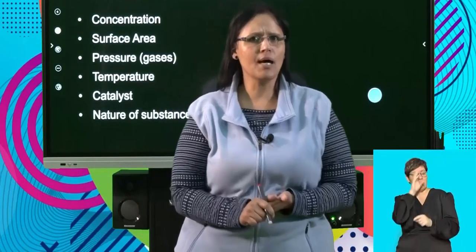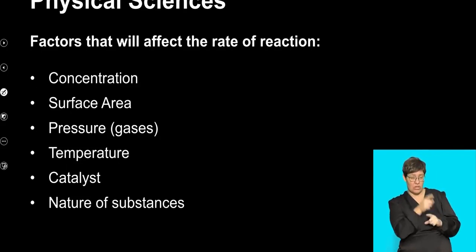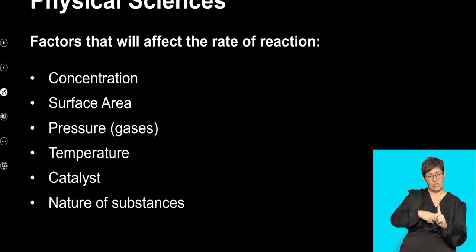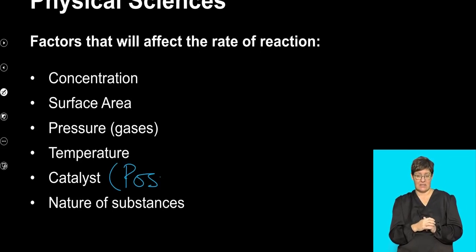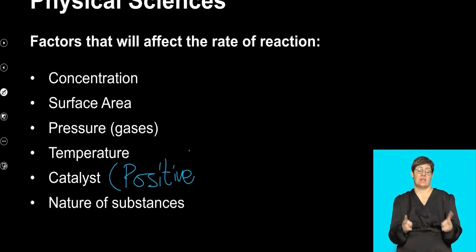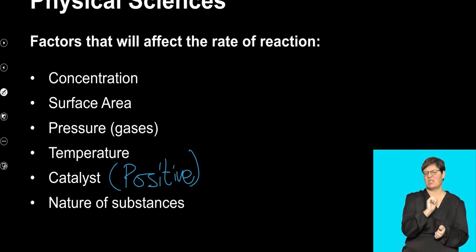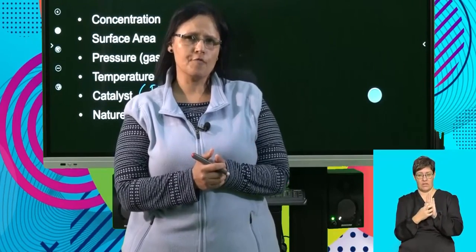Just as a reminder, we looked at concentration, surface area, pressure, temperature, addition of a positive catalyst, and also the nature of our substances. Now we are going to look at some examples where we will look at the rate graphs for some of these factors.